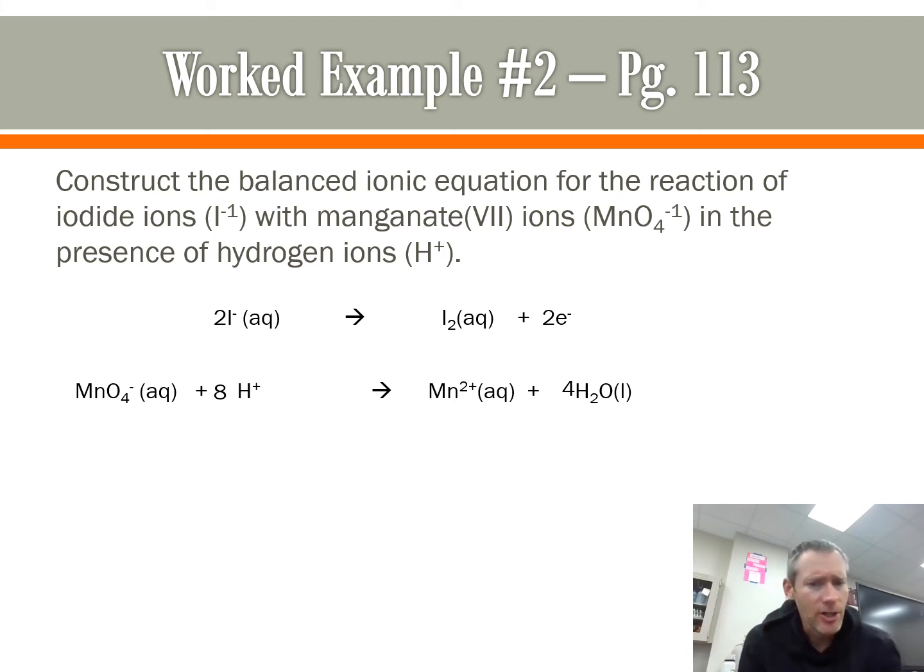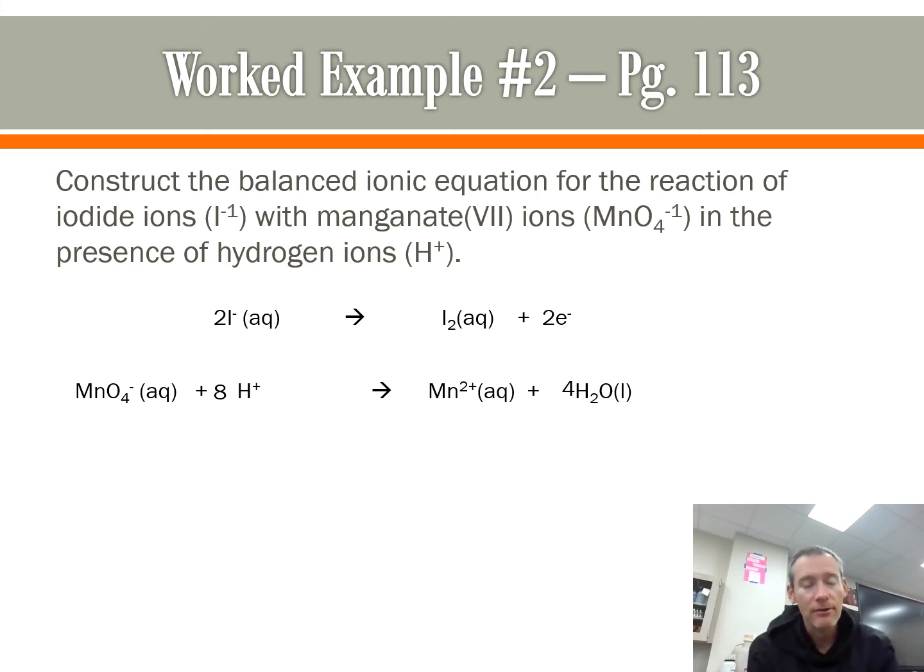So you add up all the charges. You have -1 from the MnO4 and 8+ from the hydrogen on the reactant side, so that's a total of 7 positive. On the product side, you have a charge of +2. So it's not balanced.